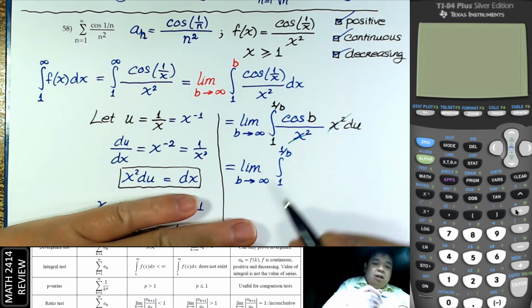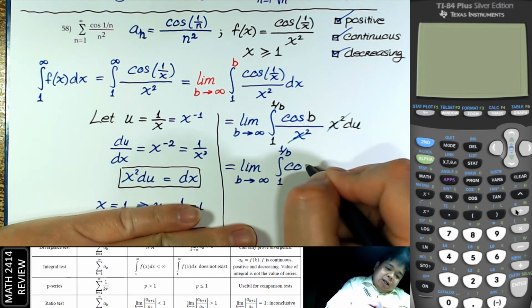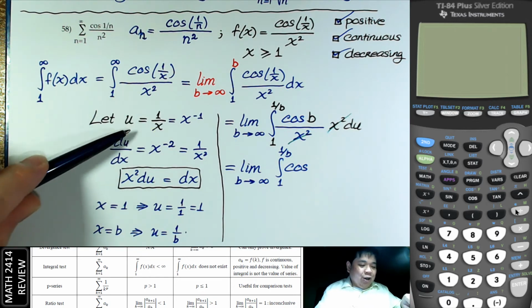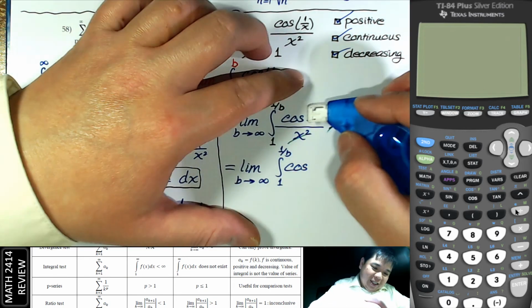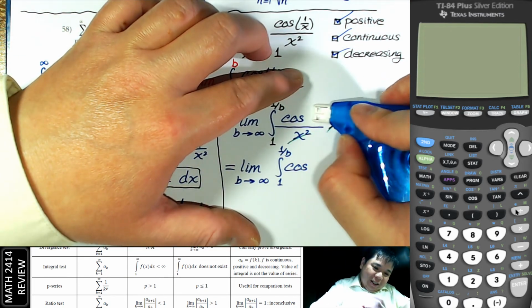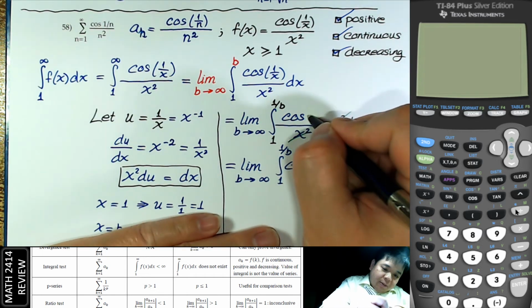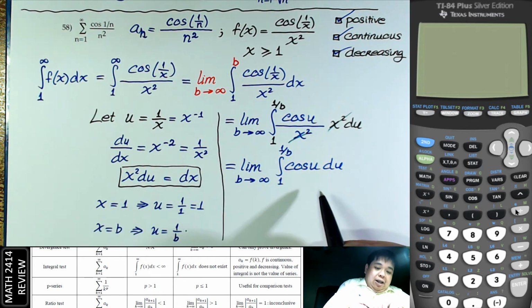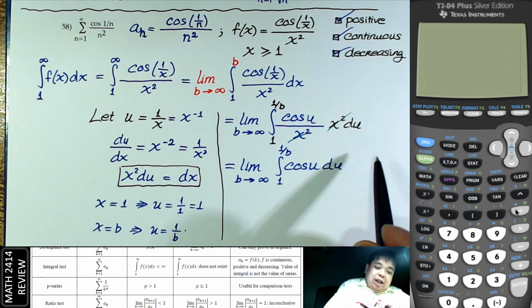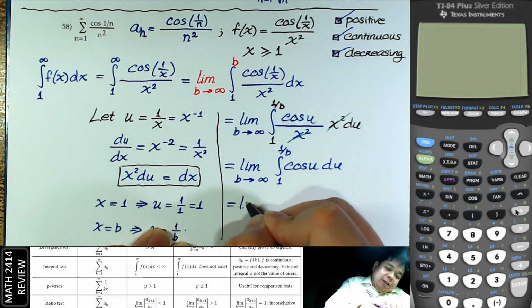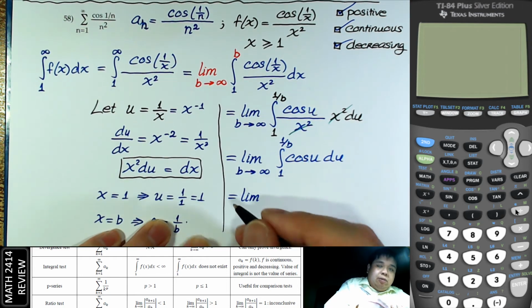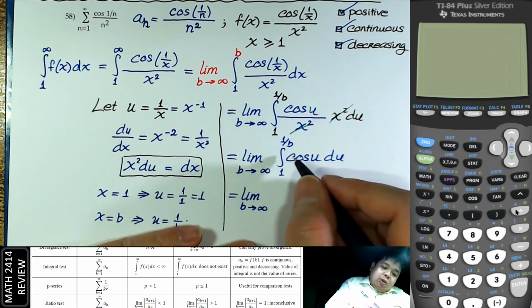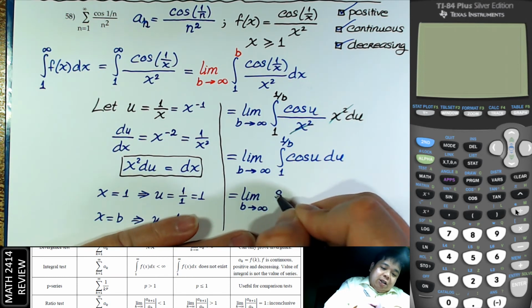We just have cosine of u du. Right, perfectly. It's perfect that we have everything in terms of u. So the integral of cosine is sine.